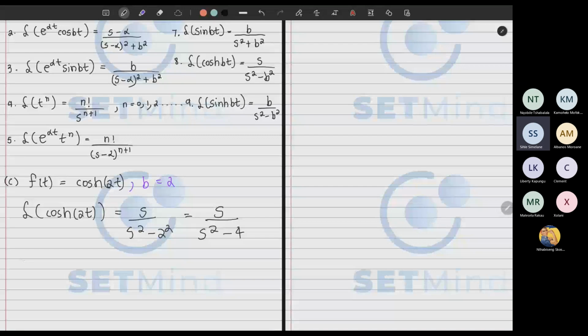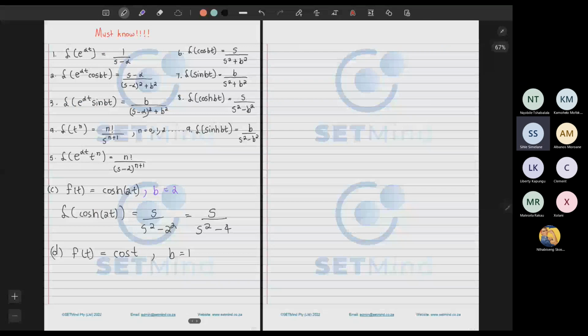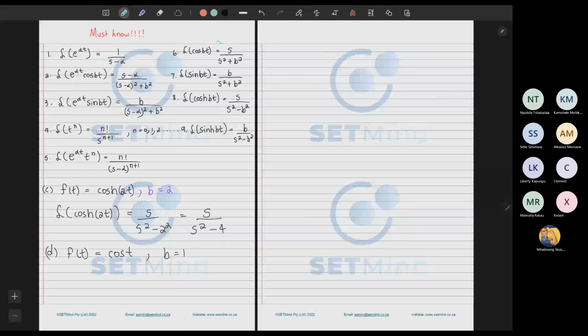Let's look at D. For D, they gave us f of t is equal to cos t. So I can see that my b is 1 when I look at this one.